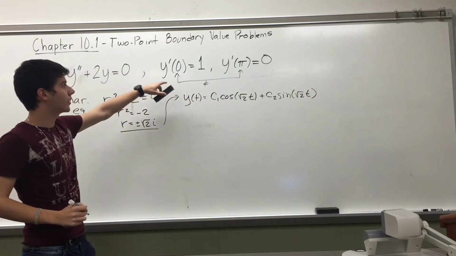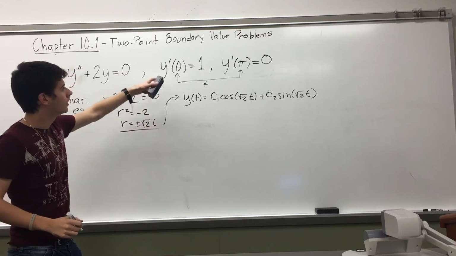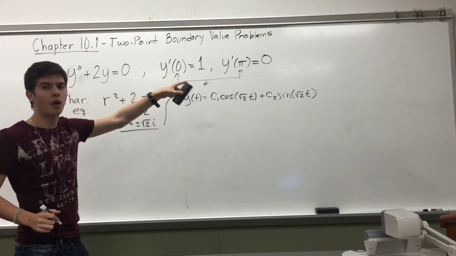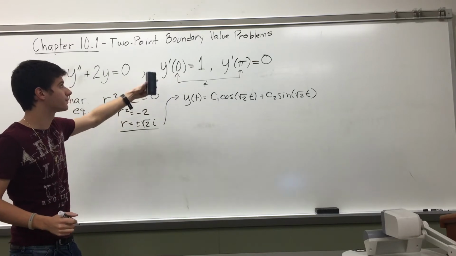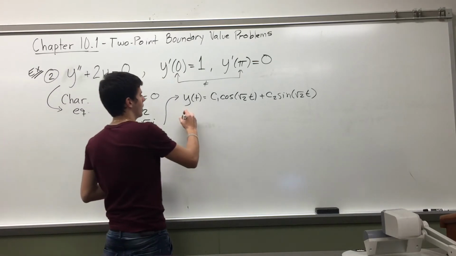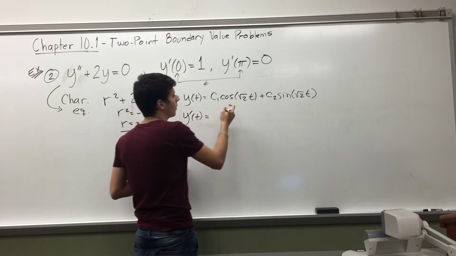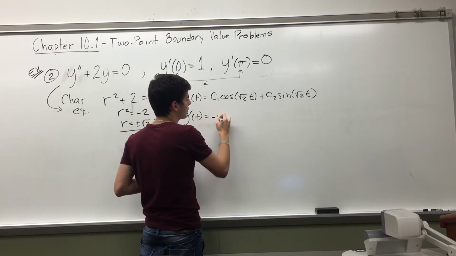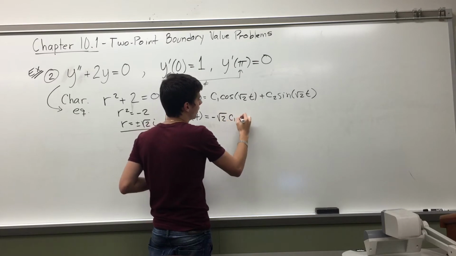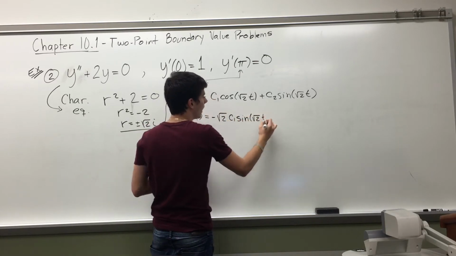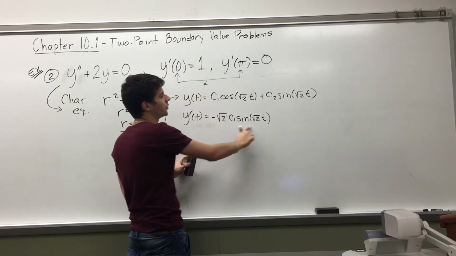But before we can start plugging things in, we need to differentiate our general solution, because all of our initial conditions are given in terms of its derivatives. So if we differentiate our solution, we're going to have negative square root of 2 c1 sine of square root of 2t. And notice that here I'm using the chain rule.